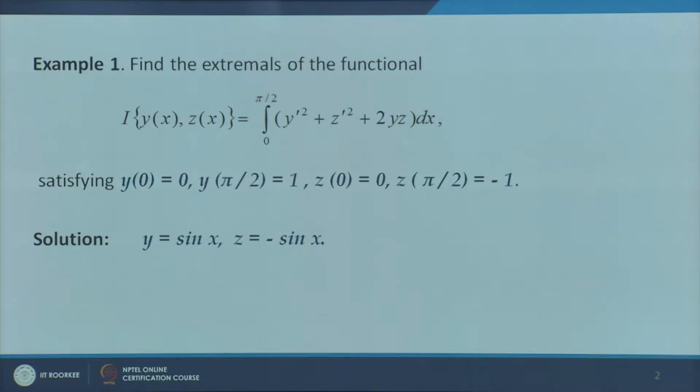At x equal to 0, z is 0, at x equal to pi by 2, z equal to minus 1. So we need four conditions to determine the four constants c1, c2, c3, c4. So two conditions we shall get from the boundary conditions given for y, and two conditions we shall get from the boundary conditions given for z.